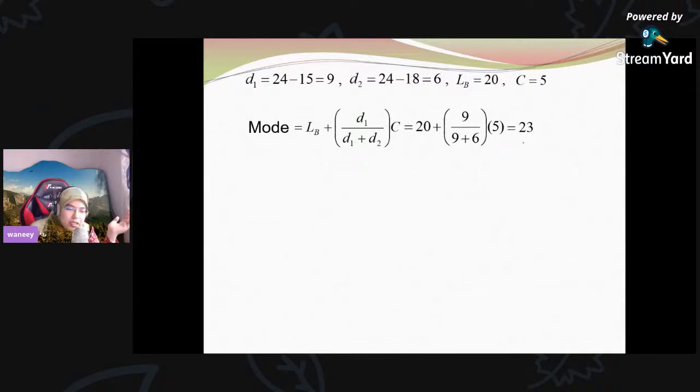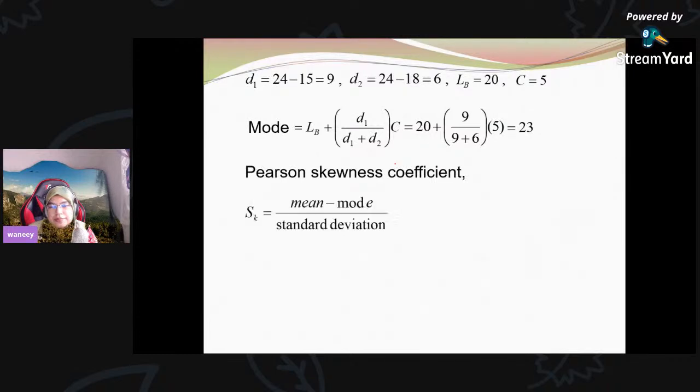So we have already calculated the mean and the mode, and we have been given the standard deviation. Now let us calculate the Pearson coefficient of skewness. The formula is SK equals mean minus mode over standard deviation. The mean is 24.8 minus 23, over 6.798.